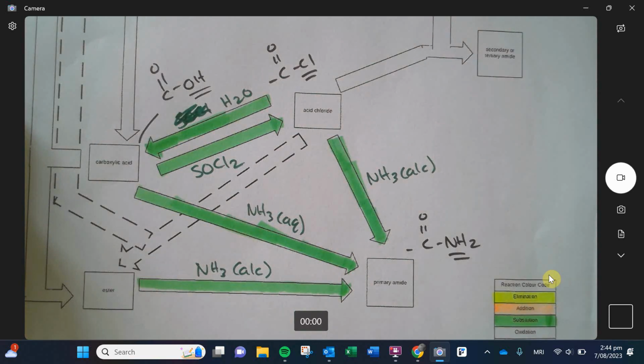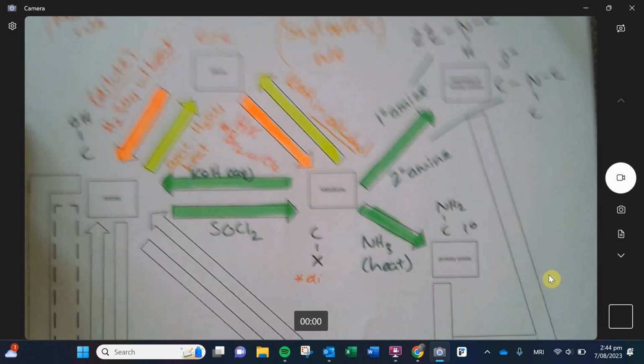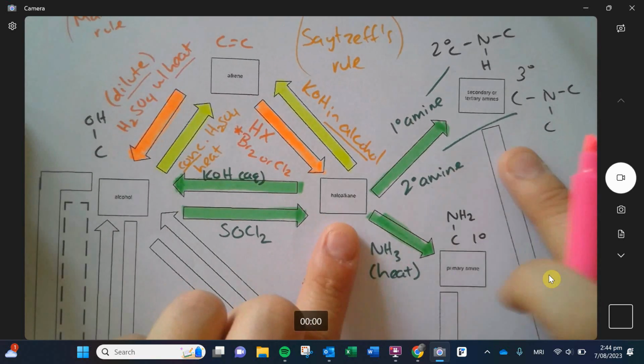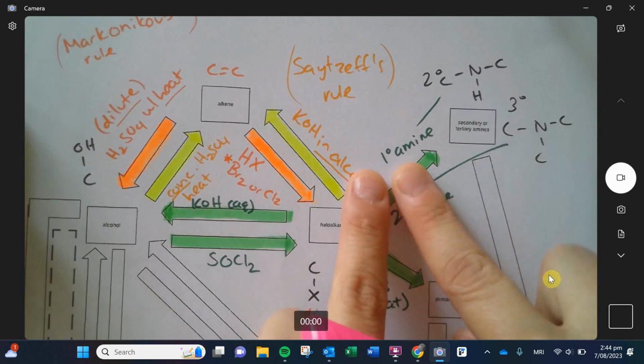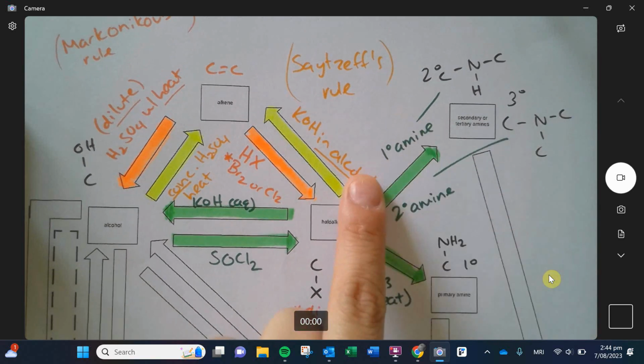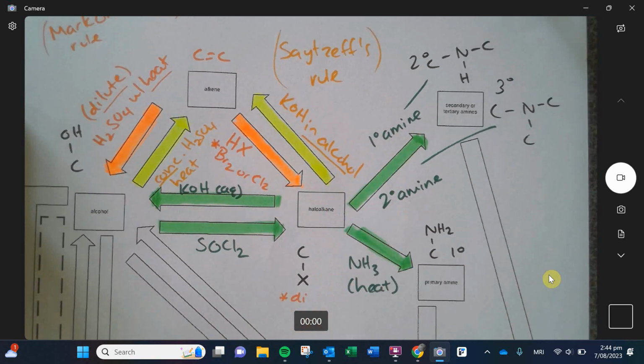Yeah. For haloalkane to secondary amine, you would need to have a primary amine because you're attaching another carbon to it. Do you want me to show you what that looks like? Okay.